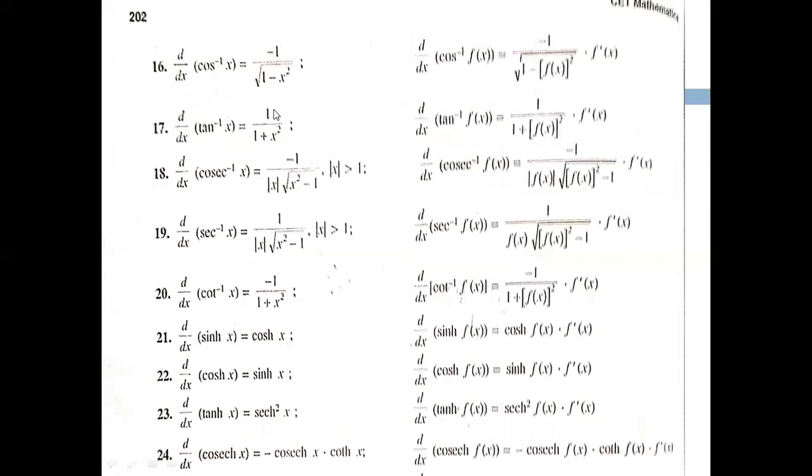Cos inverse x derivative is minus 1 by root of 1 minus x square, and tan inverse x derivative is 1 by 1 plus x square.